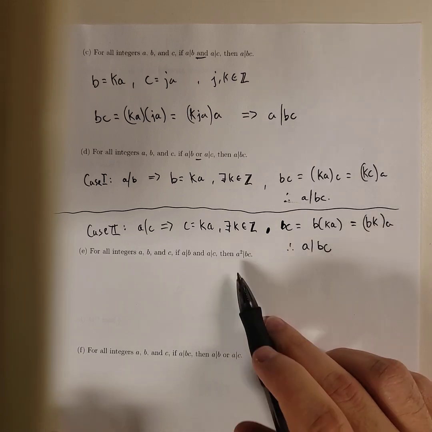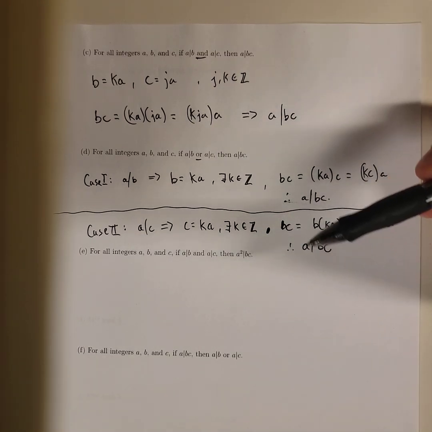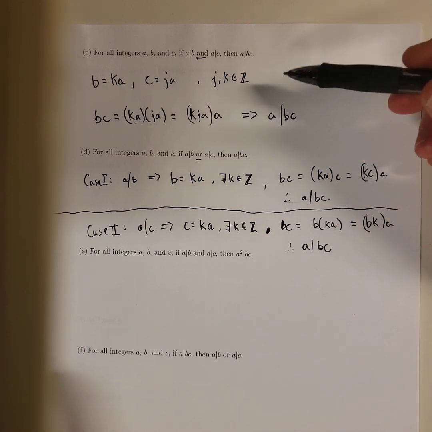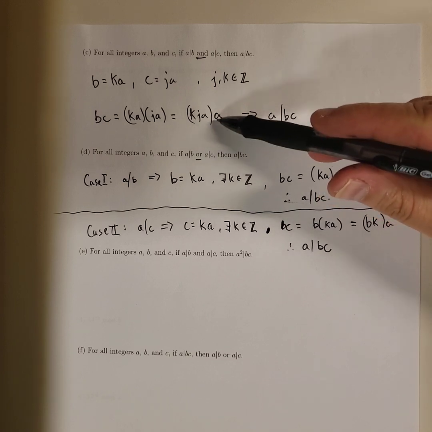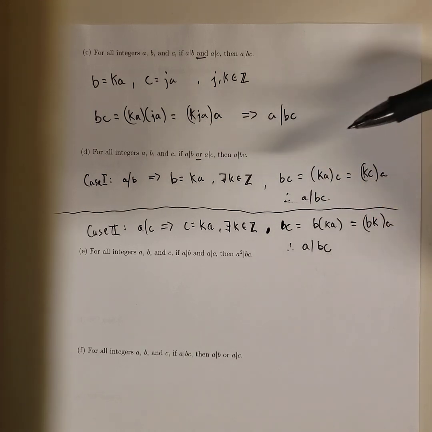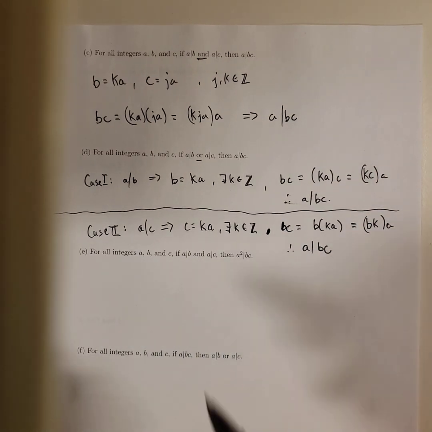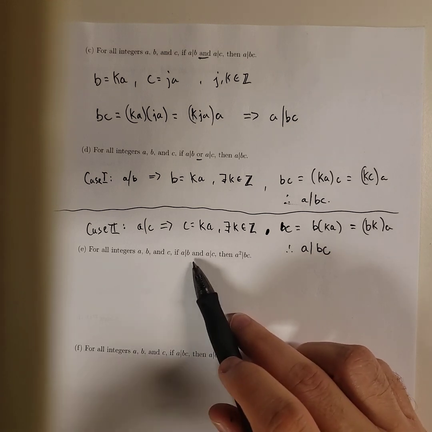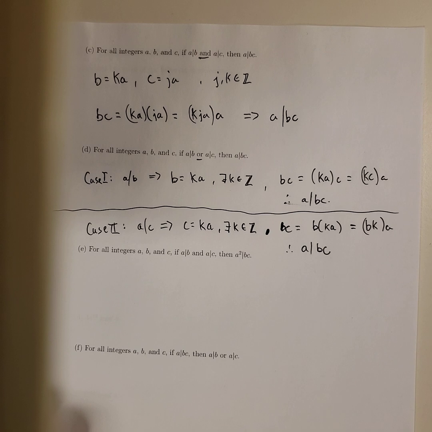Next, and this happens a lot when trying to prove things in mathematics, while in the process of proving it, you actually see something stronger. We have the two copies of the A here. So sure, A divides BC, but really A squared divides BC. So we're just making a stronger statement now. We want to say that if A divides B and A divides C, A squared ends up dividing BC. So it's the same as this, just changing the A to A squared.